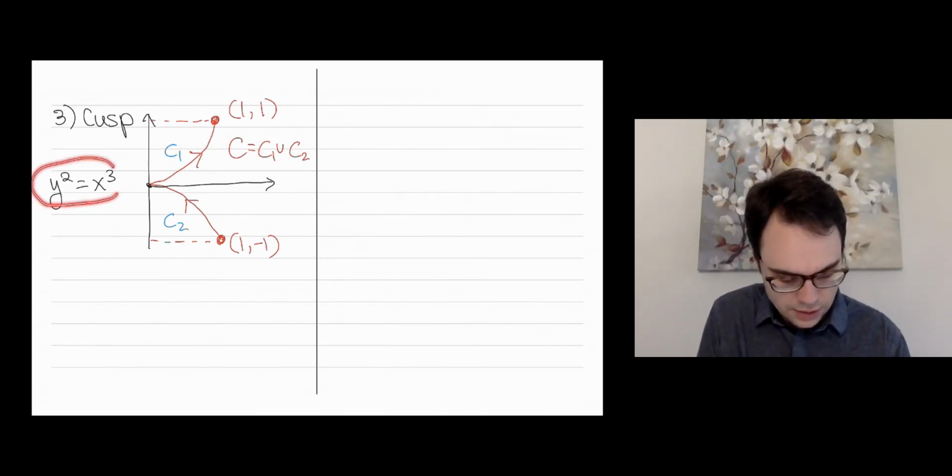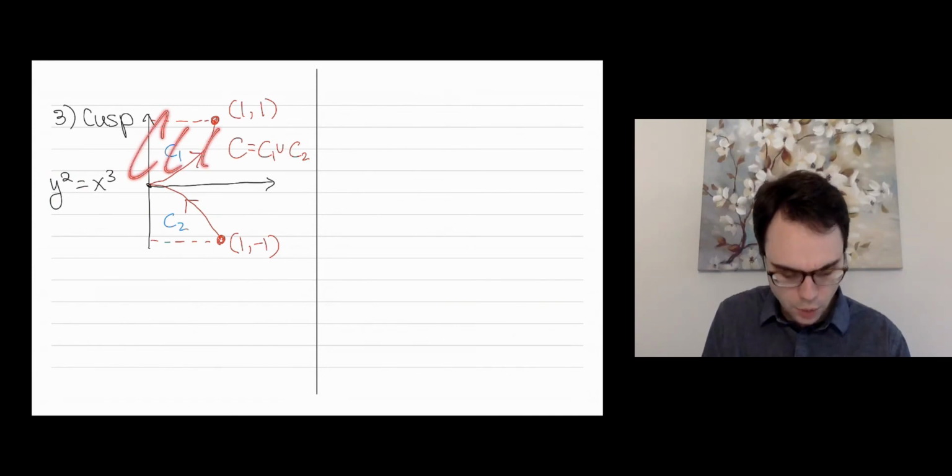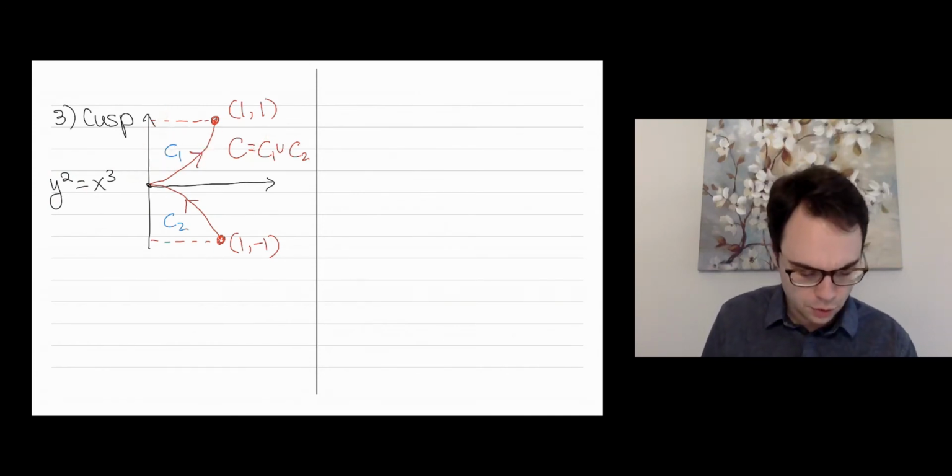So this equation is telling me that y is the non-negative square root of x cubed. Right? On C1, y is a non-negative square root of x cubed.